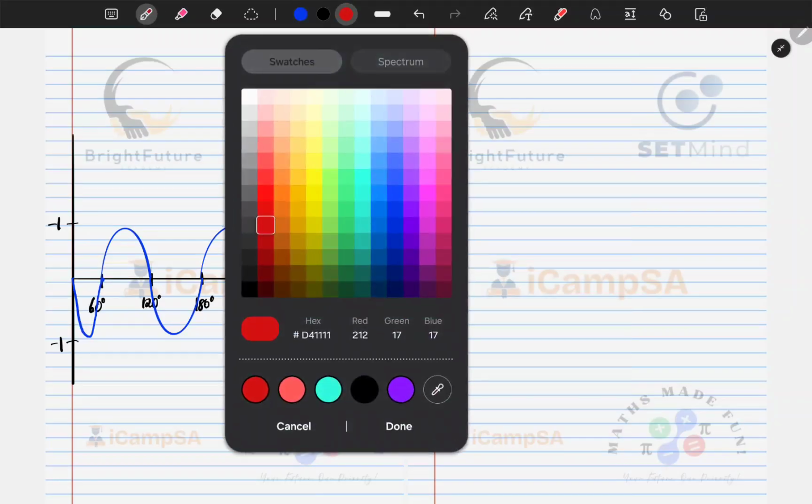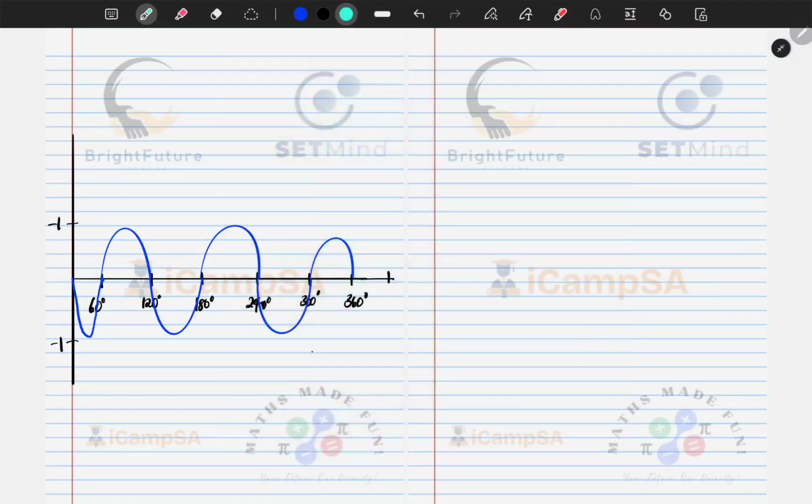Great. And then the original one would look like something. This will be your original graph of sine x.